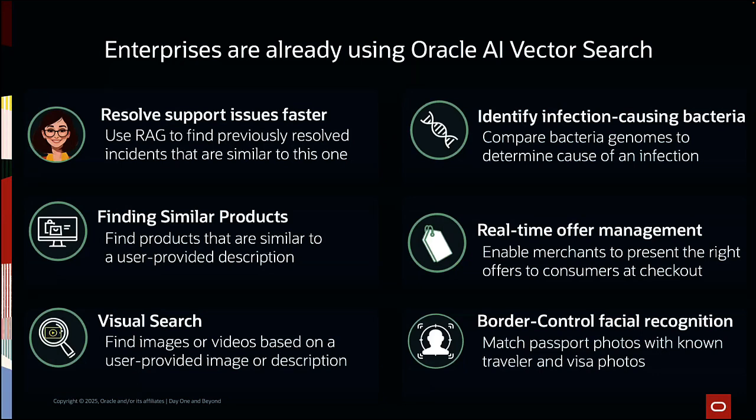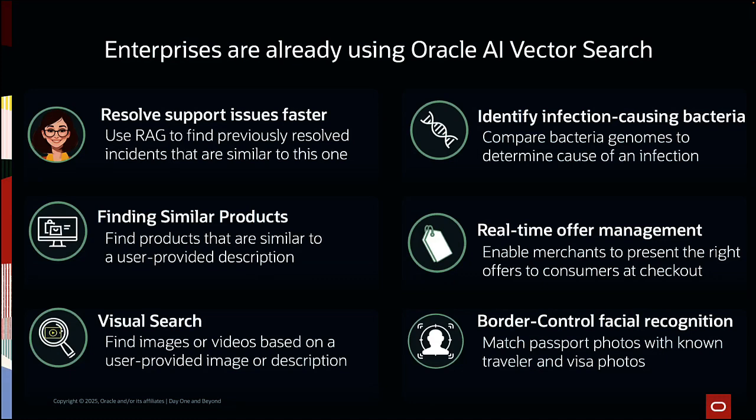For example, we're helping customers use retrieval augmented generation, which is where you can use a large language model, say OpenAI, but pass information from your Oracle database to help build the prompt to run that large language model query. And using retrieval augmented generation, not only does that mean that the large language model is up to date with information that's stored in your database, but we can also do this in a very secure way.